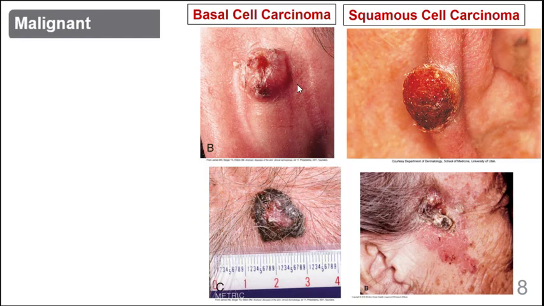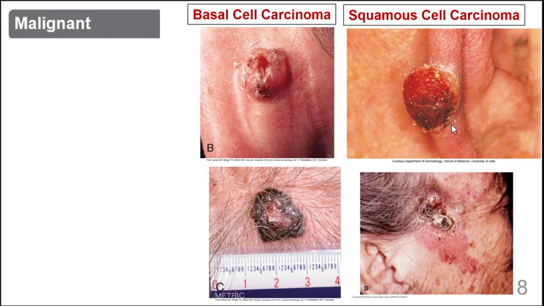So you can see then that basal cell carcinoma and squamous cell carcinoma are very common when we talk about cancers. Now remember that actinic keratosis is a benign tumor that is a precursor to the development of squamous cell carcinoma. They do have the tendency to bleed.